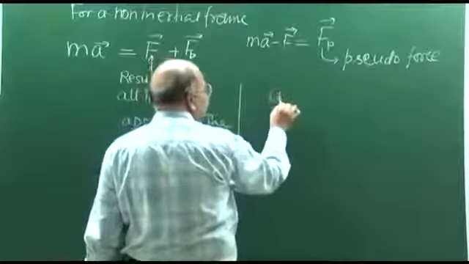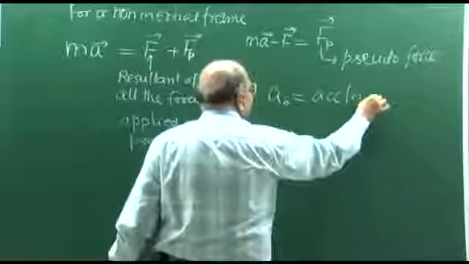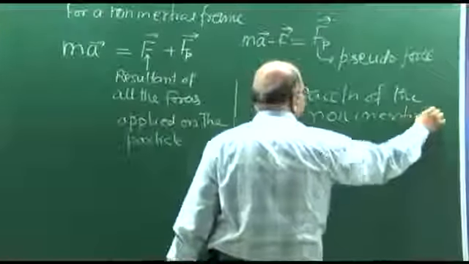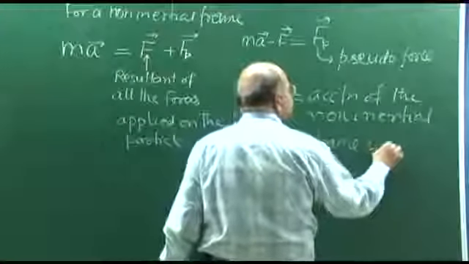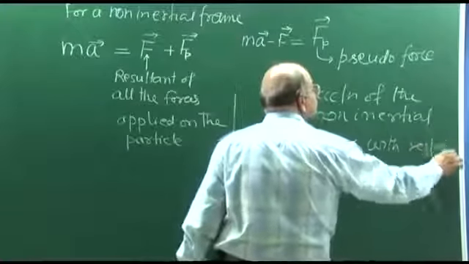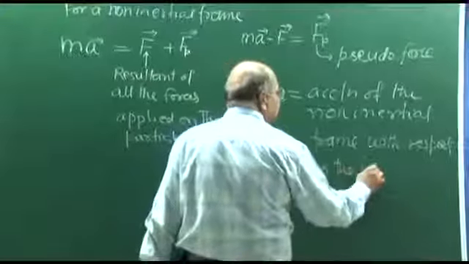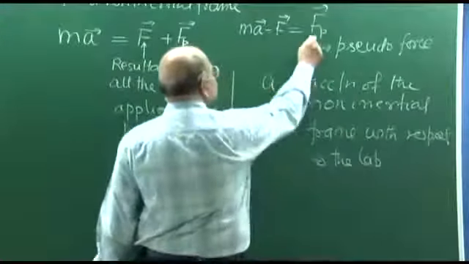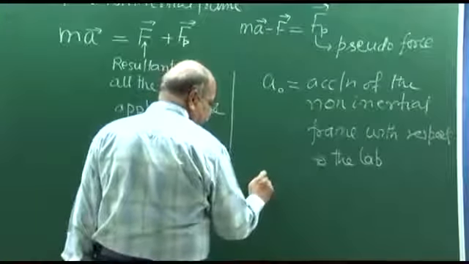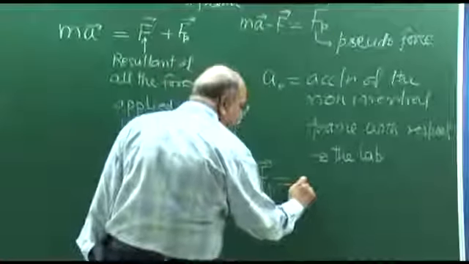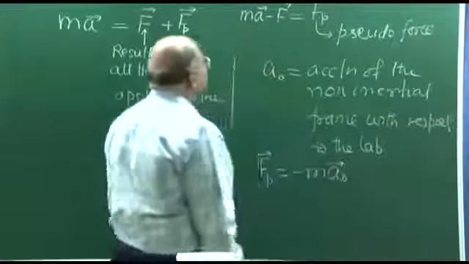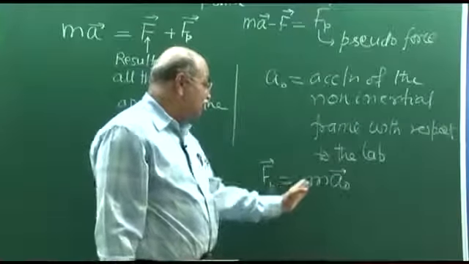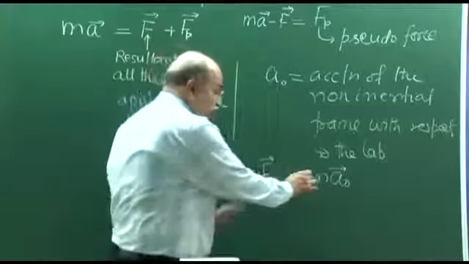So, if I say that a0 is the acceleration of the frame, of the non-inertial frame, with respect to the lab or table or room, the inertial frame, assumed inertial frame, then the pseudo force on the particle will be minus m a0, because the acceleration of the particle from the box is minus a0, and so the pseudo force will be minus m a0.